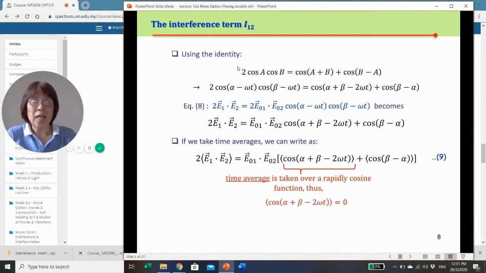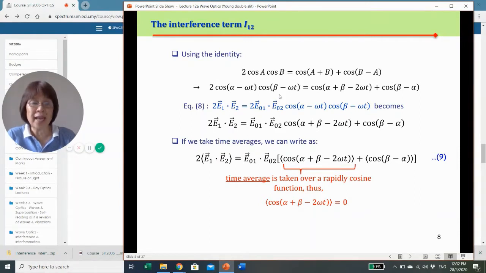So now we use the trigonometric identity whereby 2 cos A cos B is equal to cos of (A plus B) plus cos of (B minus A). In other words, our A is represented by alpha minus omega t, B by beta minus omega t. We have alpha plus beta minus 2 omega t. For the other, beta minus alpha, since the omega t terms cancel off.